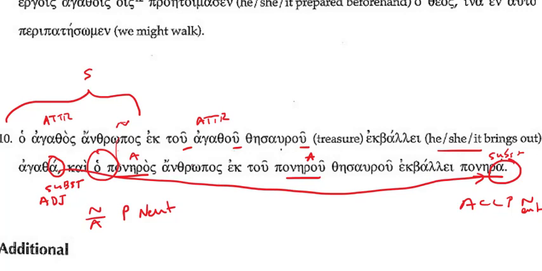Ladies first. Okay, so why would we use poneros as opposed to kakos? Oh, yeah, these are just two different words for pretty much the same thing. They're synonymous. Just like in English, we have evil and we have wicked, right? Why would you choose one or the other?